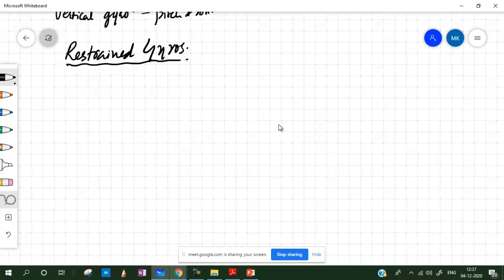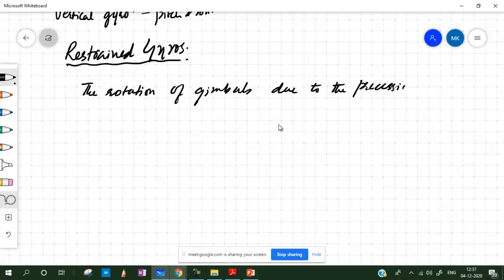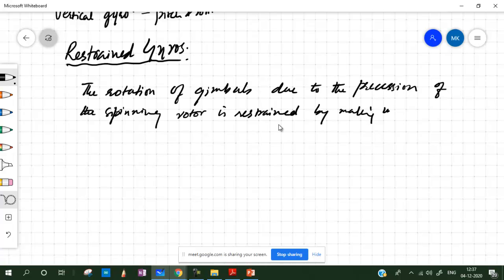So we say that the rotation of gimbals due to the precision, इसमें जो तीन एक्सिस है उसमें हम एक एक्सिस को लॉक करते हैं, precision of the spinning rotor is restrained by making use of a damper and a spring.